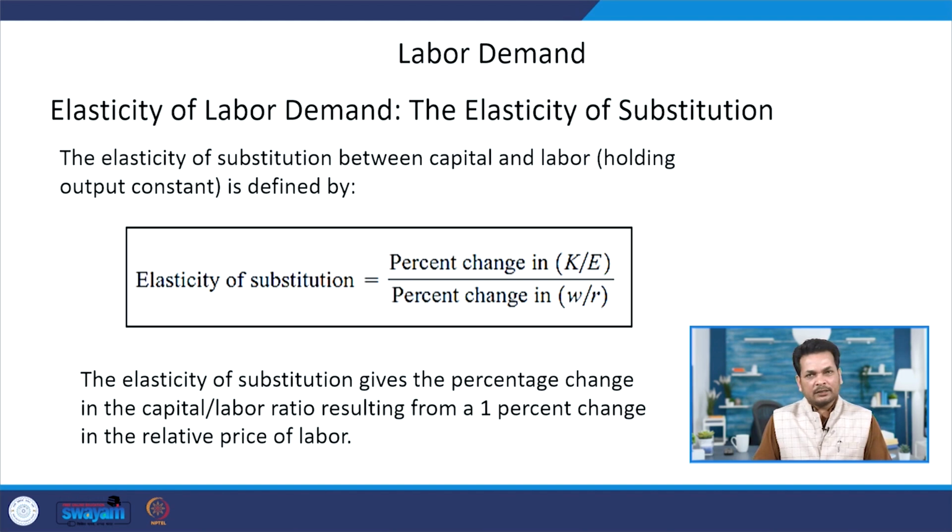So, this can be measured simply by the percentage change in the capital-labor ratio divided by the percentage change in the price of capital relative to the price of labor. As the relative price of labor increases, the substitution effect tells us that the capital-labor ratio increases, which means the firms get rid of labor and replace it with capital.